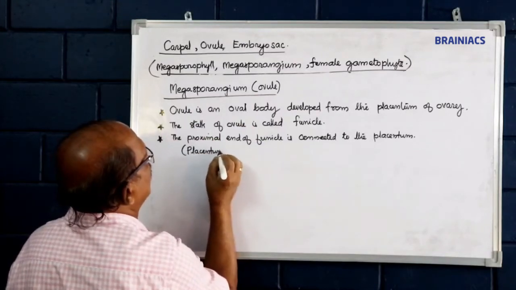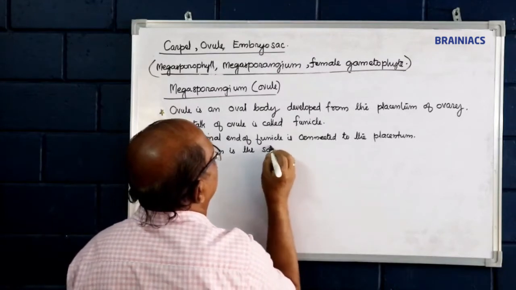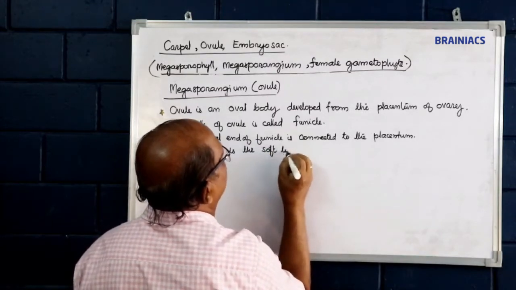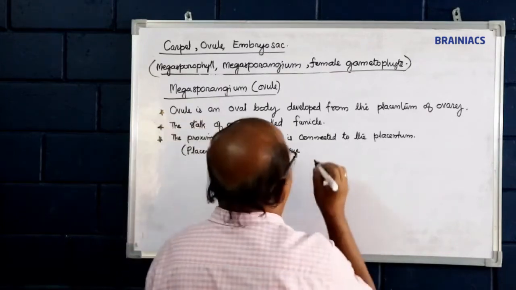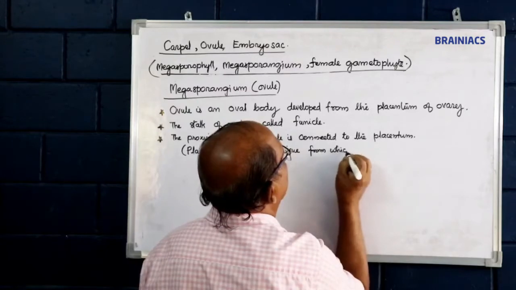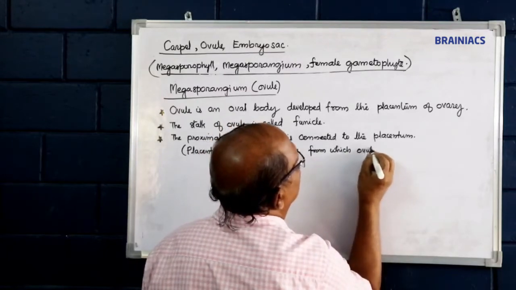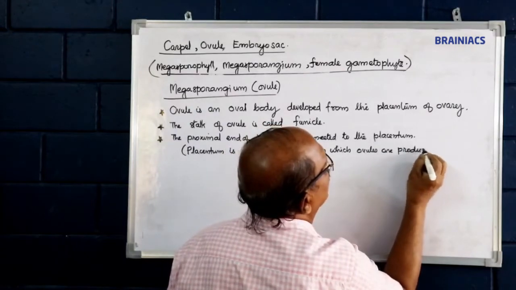Placentum is the soft tissue from which ovules are produced.